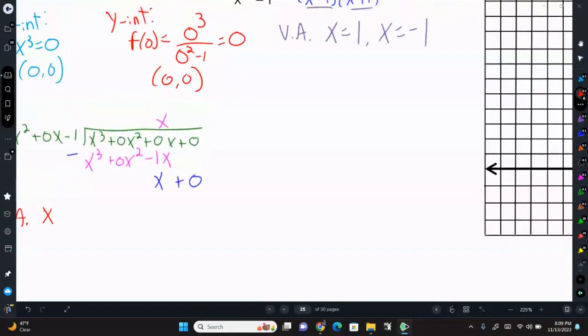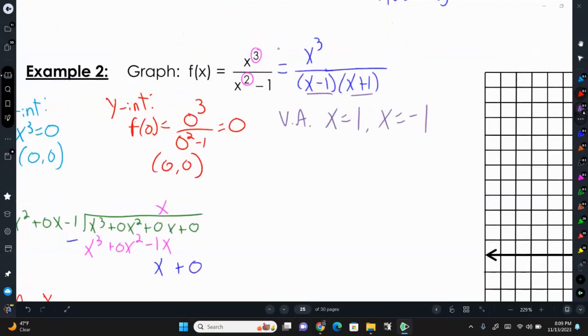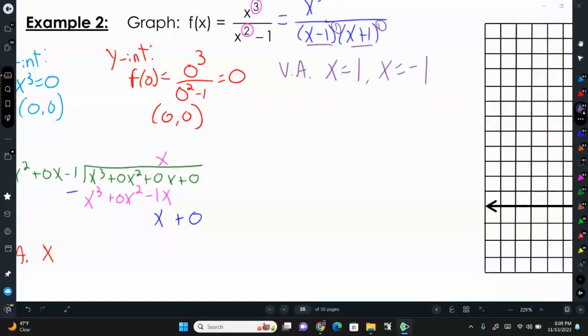Vertical behavior. We have two asymptotes here, but lucky for us, the multiplicity for each of them is 1, so we only need to calculate one end behavior for each of them. So for x equals positive 1, we're going to do f of 0.9.